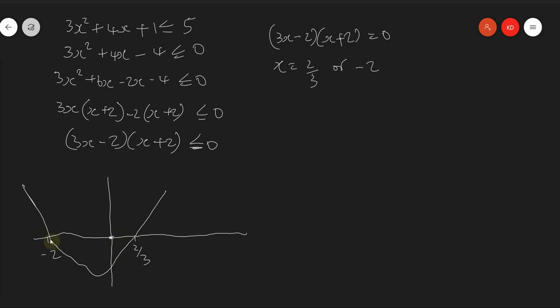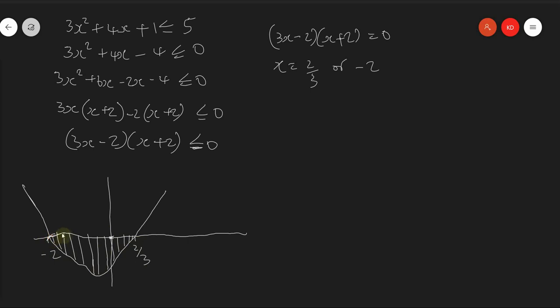So therefore the x values that fall in this interval would be your solution, including your -2 and the positive 2/3, because at -2 and positive 2/3 the function is equal to 0.